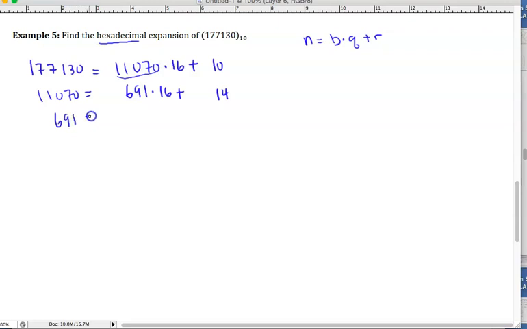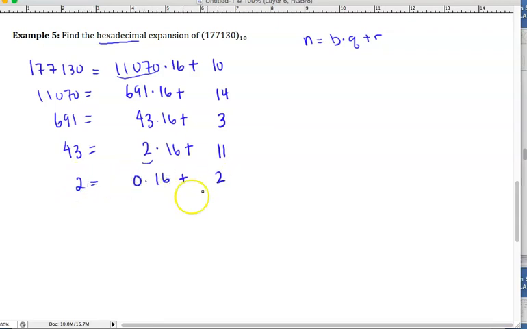Keep doing it. 691 divided by 16 is 43 times 16, and the remainder is 3. Take 43 divided by 16, and we get 2 times 16 with a remainder of 11. And then finally take 2, and that's going to be 0 times 16 plus a remainder of 2.